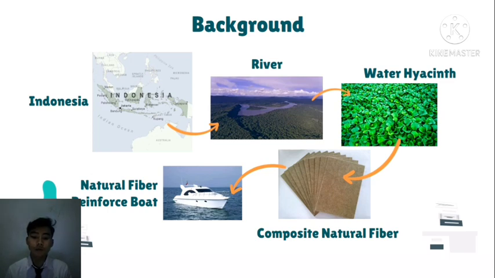Water hyacinth is one of the weed plants in the water that live floating in the water. Water hyacinth has a very rapid breeding, so this plant is considered a plant that damages the environment. When the proliferation of water hyacinth cannot be controlled optimally, a very detrimental negative impact on the ecosystem will appear.